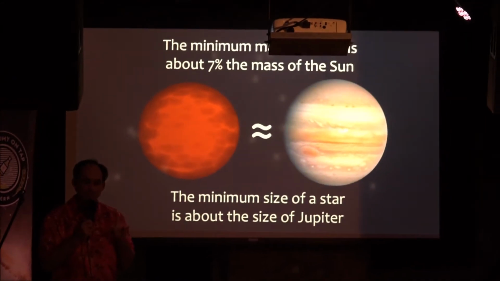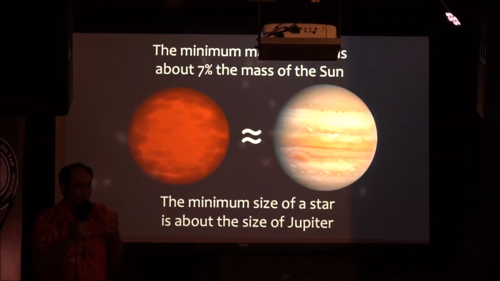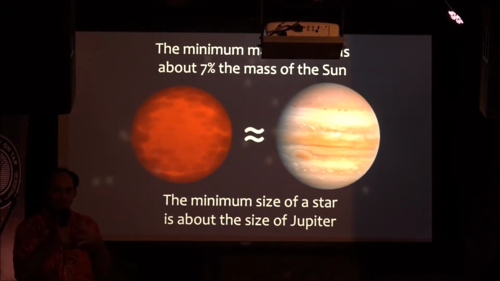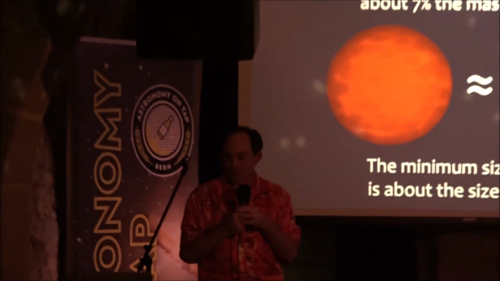Stopping the formation of stars doesn't mean that they don't form. It's just they don't get hot enough to start fusion. They could still form, in the sense of a bunch of gas getting together and collapsing down to something that's 7% of the mass of the sun or less, but it doesn't fuse hydrogen. That size is about the size of Jupiter, too. So it's a pretty small object from an astronomical perspective, but these are things that don't fuse hydrogen.